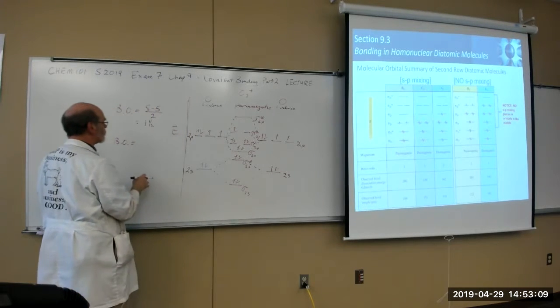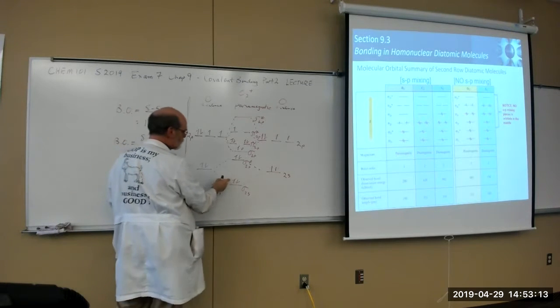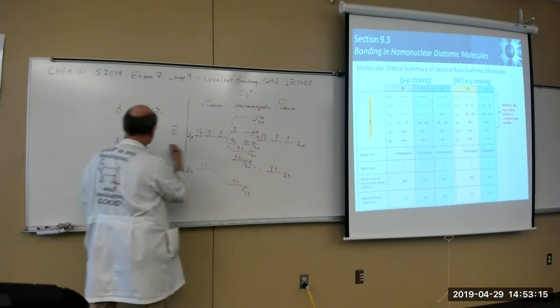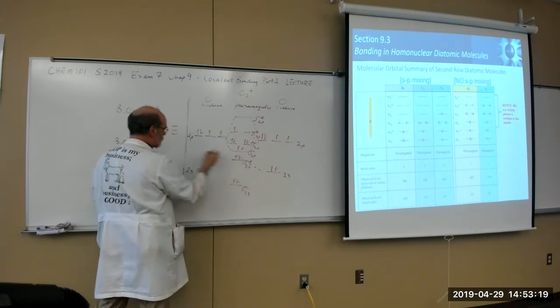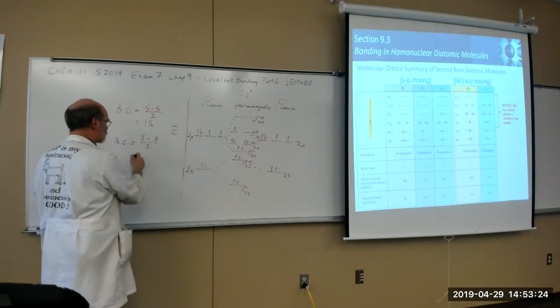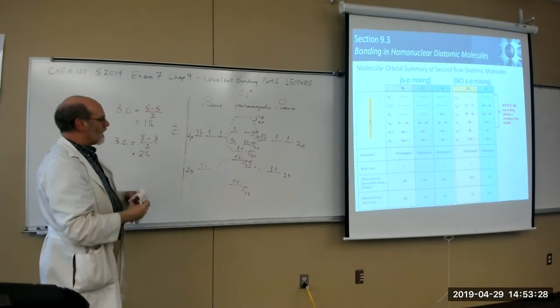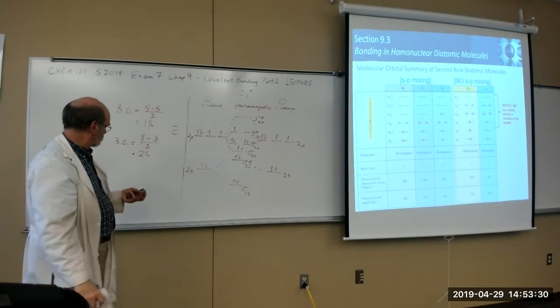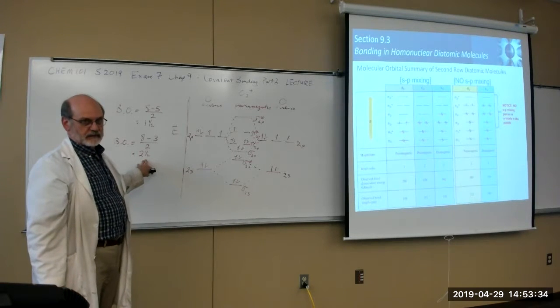So now we still have 8 bonding, right? 2, 4, 6, 8. But now we only have 1, 2, 3 anti-bonding. So that's 5 divided by 2, which equals 2.5. So by removing an electron, we have strengthened the bond.